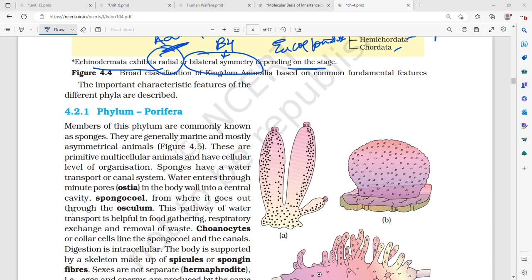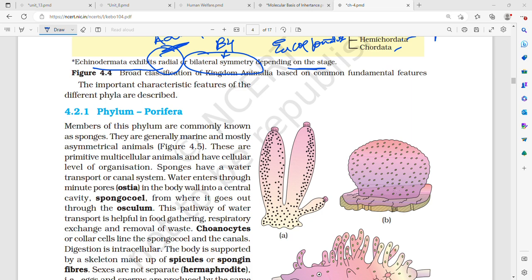So circulatory system very important. Circulatory system not present till Aschelminthes. Till Aschelminthes circulatory system is not present.